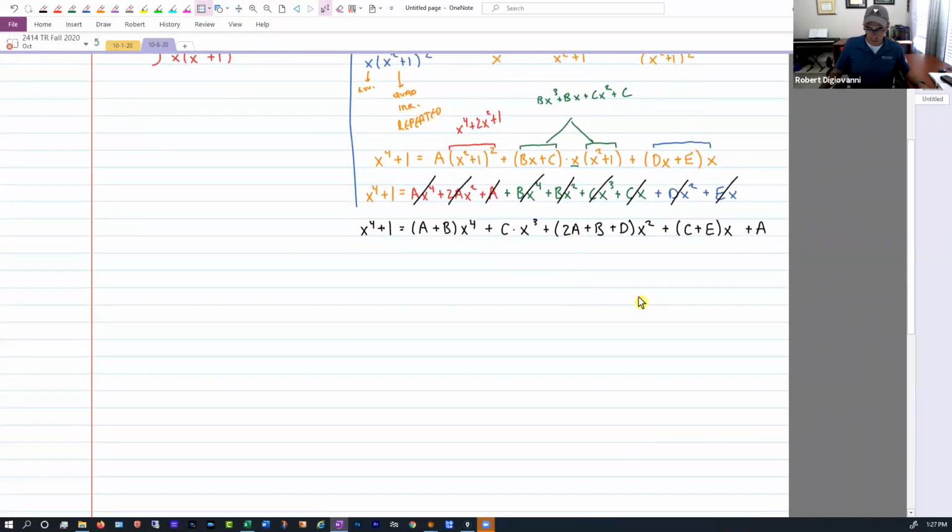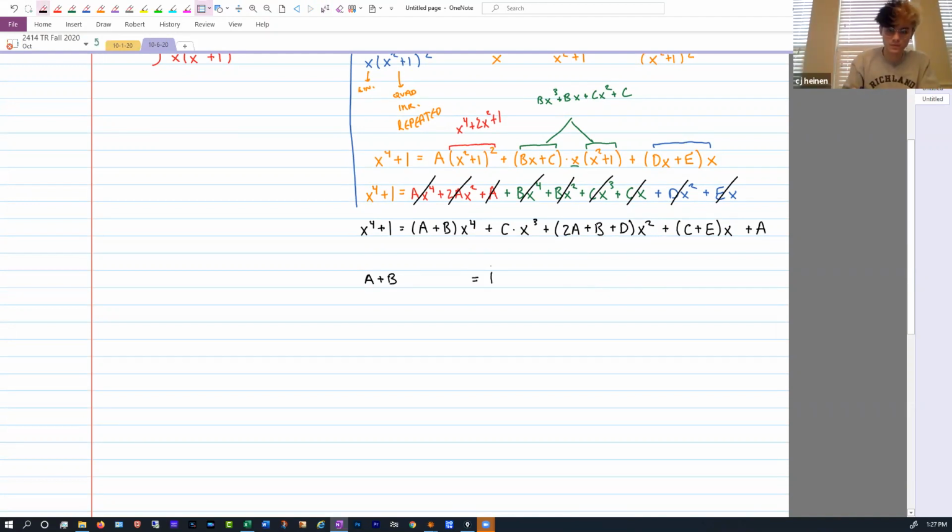So there you go. All right, now I set up my system of equations. So I have a plus b. What does a plus b have to be? 1. 1, the coefficient in front of x to the fourth. Okay, how about this next one, c? C has to be equal to what? 0. 0, because we don't have an x cubed.